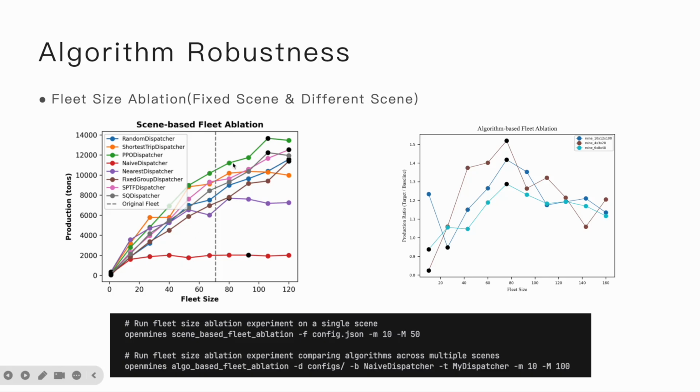You can see the RL trend on the fixed fleet size has very good scalability. And to the right, you can see there are two different kinds of algorithms compared on 3 different scenarios. You can also view the scalability of your dispatcher, but on a different scenario.